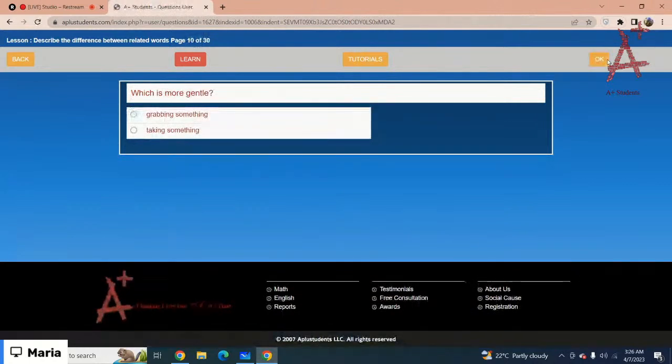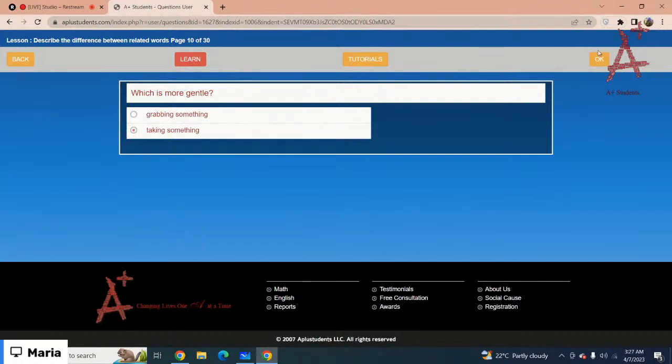Okay, which is more gentle, grabbing something or taking something? So more gentle is taking something.